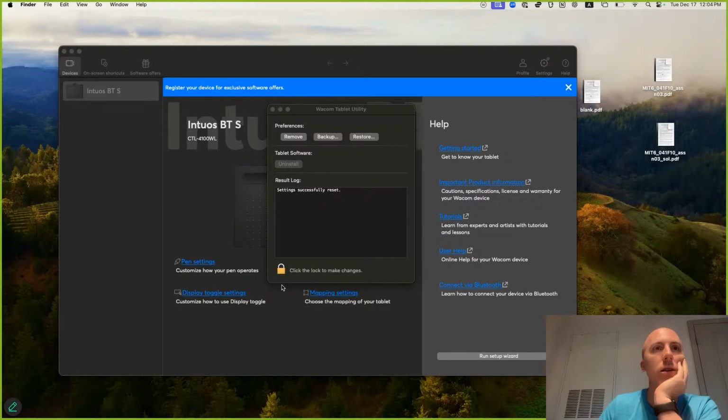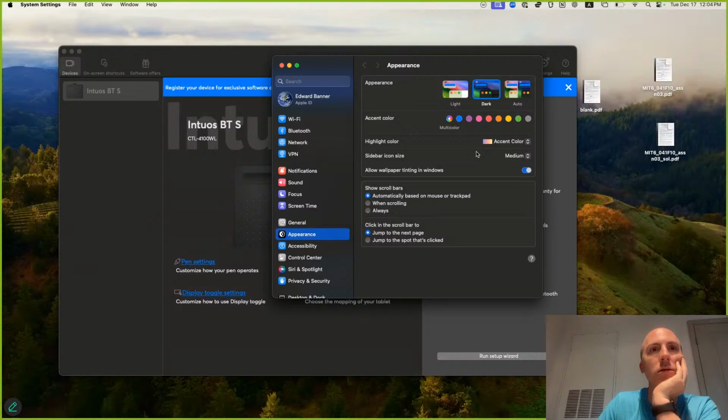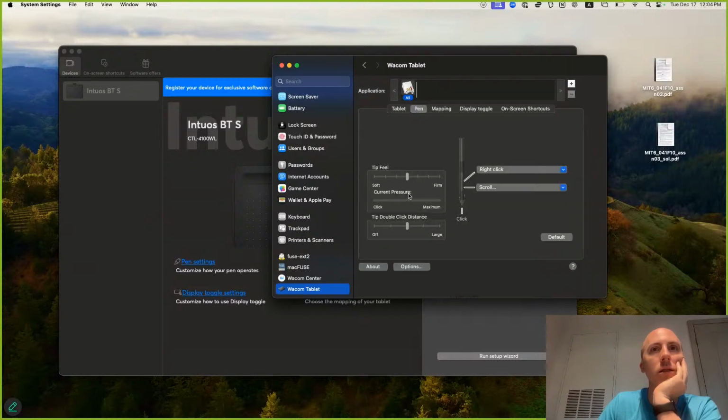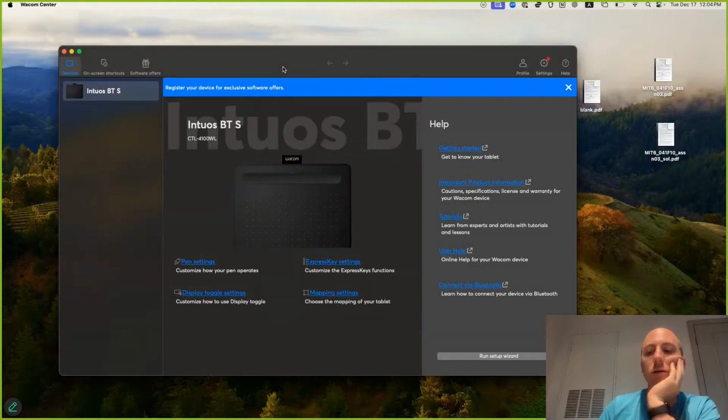Yeah, it's working. Okay. I had to remove it, restore it, I guess just the pen settings. Yeah, okay, it takes a minute to load. Screen area, monitor 2. Boom. All right. Let's go.